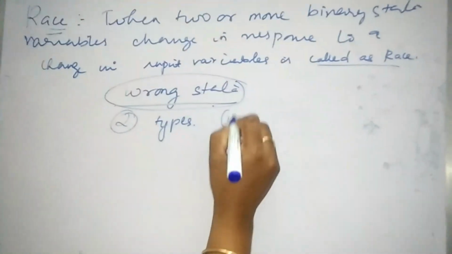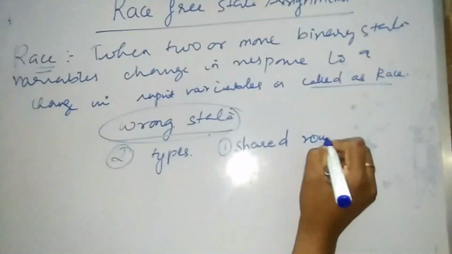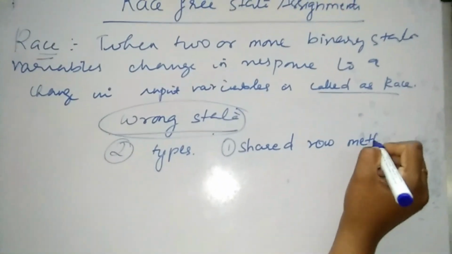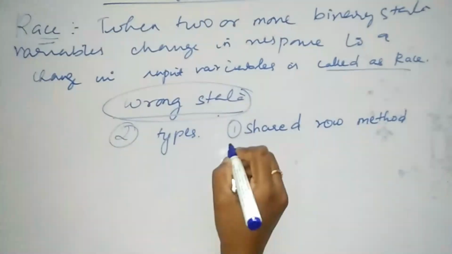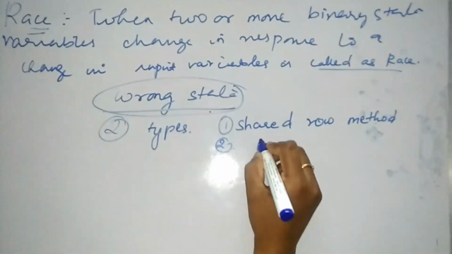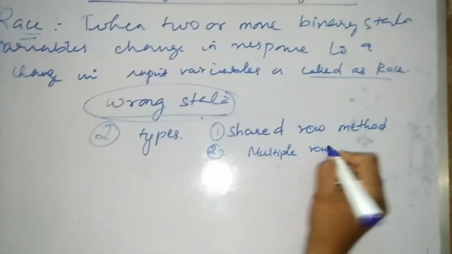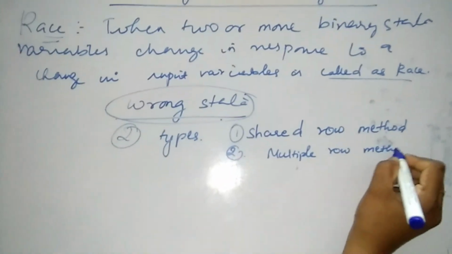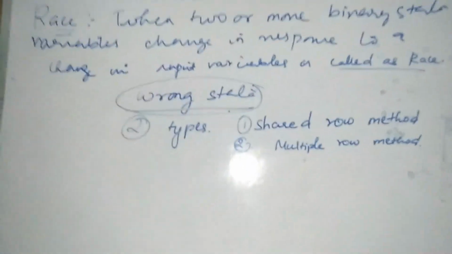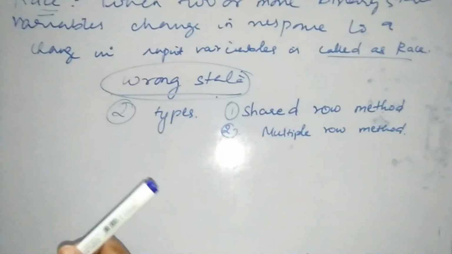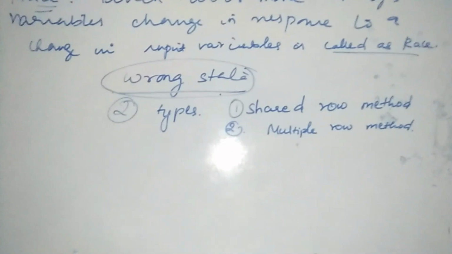The first method is called the shared row method, and the second method is called the multiple row method. So these are the two methods that we will see today to overcome the race. Okay, how to eliminate the race.